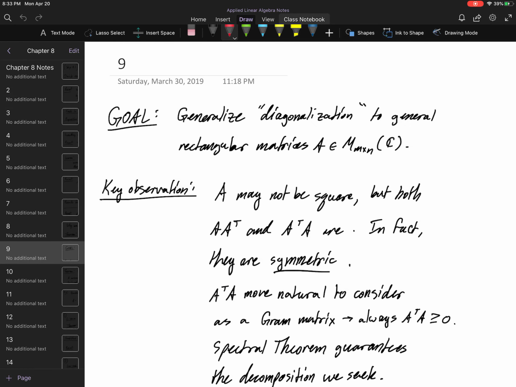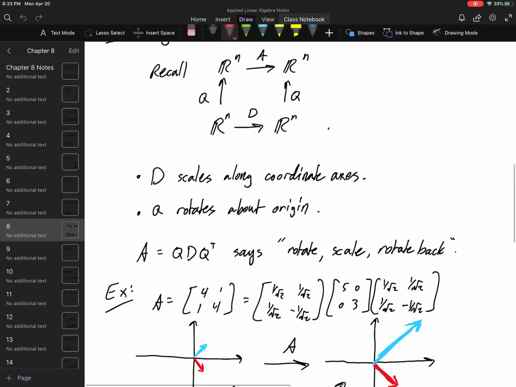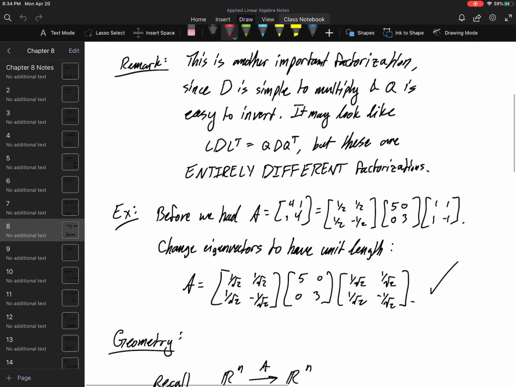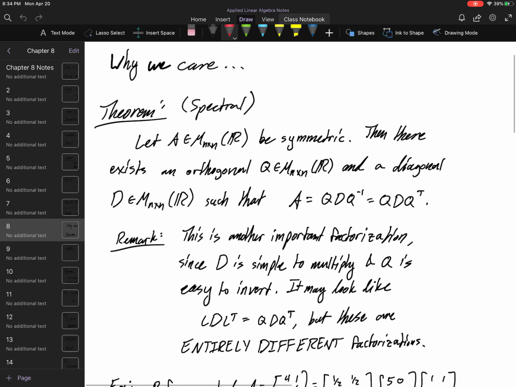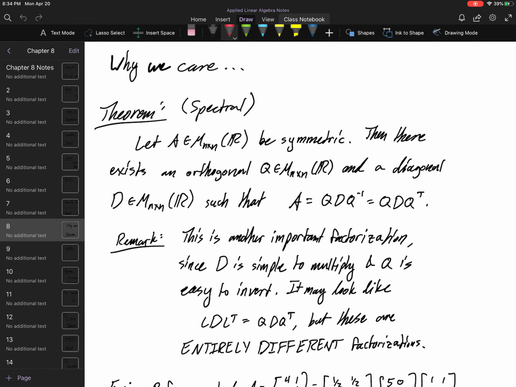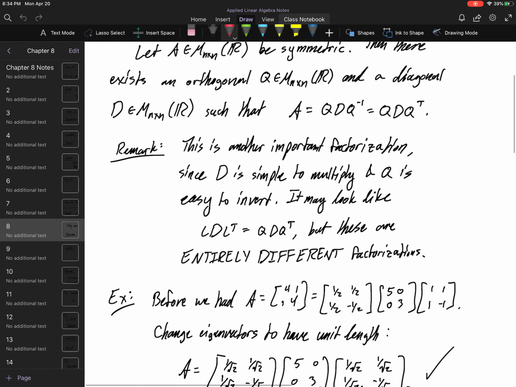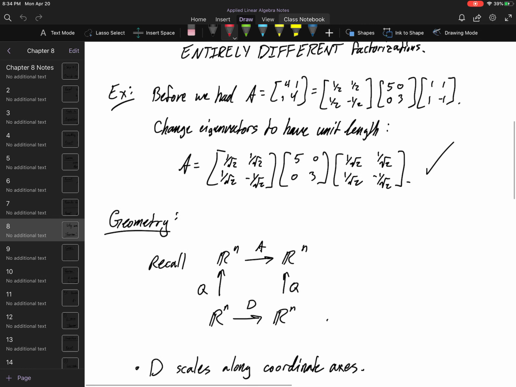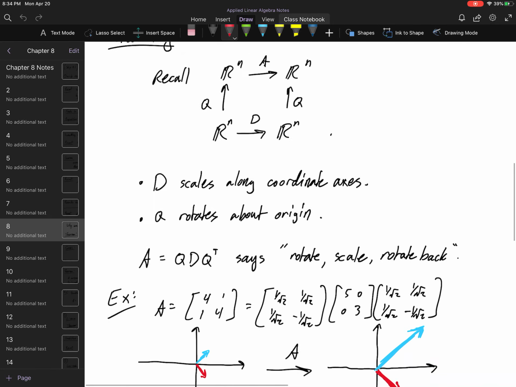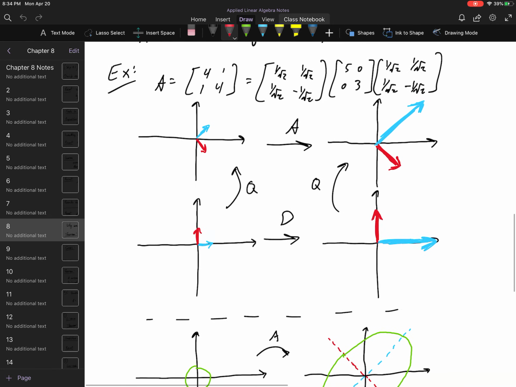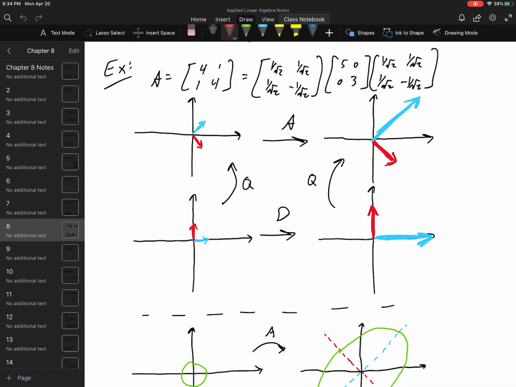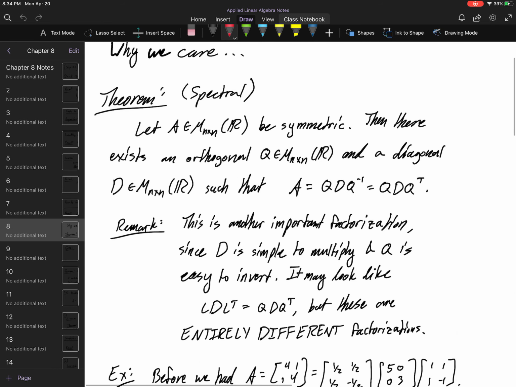So, last time we were talking about how diagonalization could be seen as figuring out the geometric properties of matrix multiplication, and we wound up with this nice little visual of what the decomposition Q times D times Q inverse, which was really Q transpose, looked like from a geometric point of view.